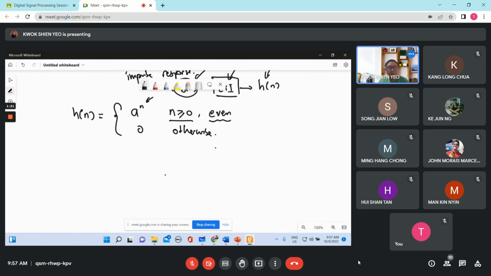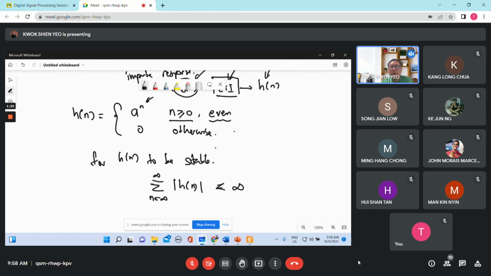All right, so there's an equation now for h[n] to be stable. We have to ensure that the summation of the modulus of h[n], from n starting from minus infinity to infinity, is less than infinity. It does not arrive at infinity.